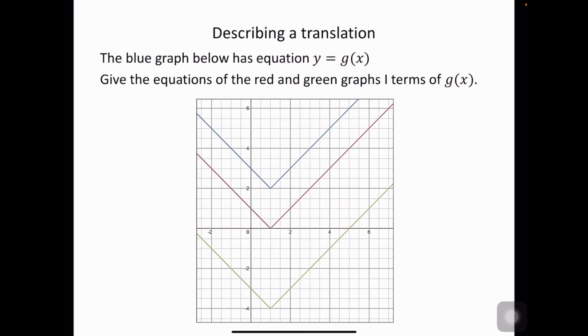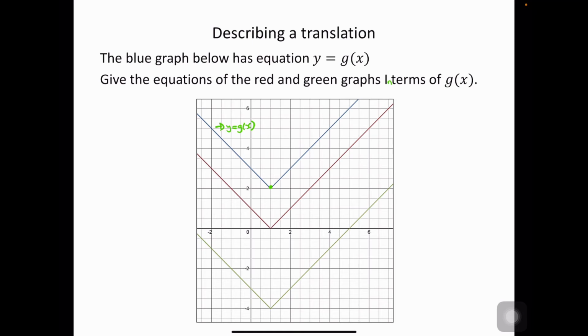Describing a translation, the blue graph below has equation y equals g of x. So this is y equals g of x. Give the equations of the red and green graphs in terms of g of x. So let's just focus on this point.